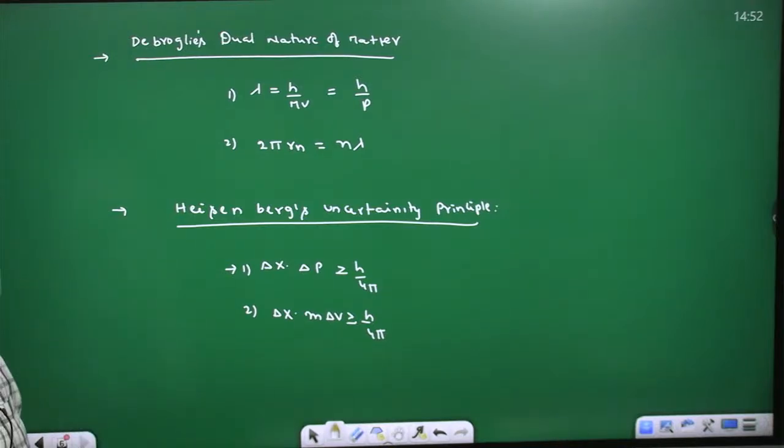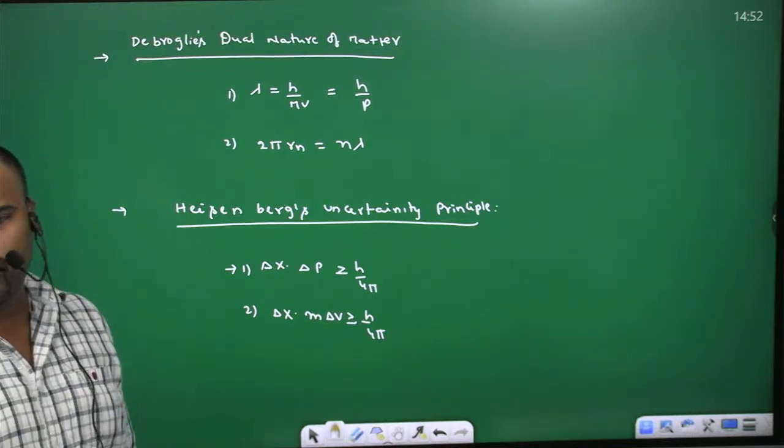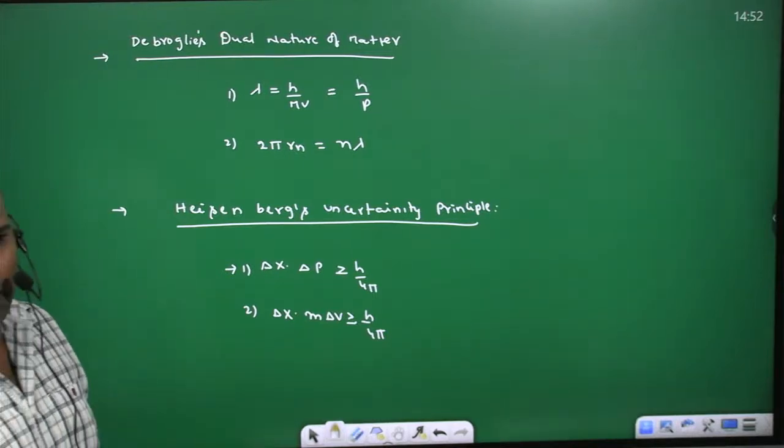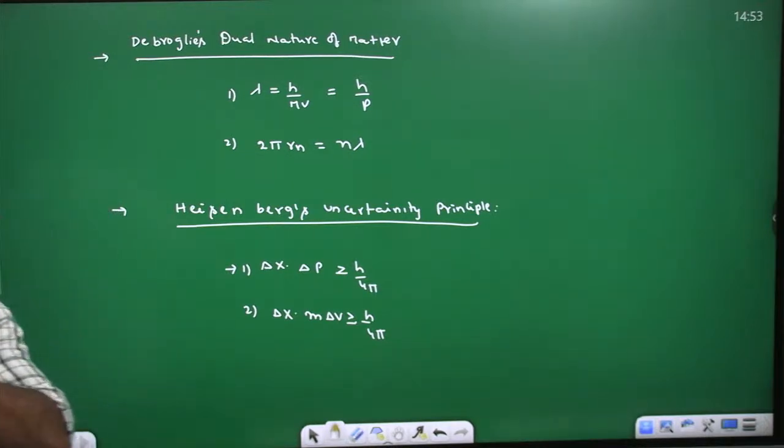Delta x means change in position, delta p means change in momentum, and delta v means change in velocity.